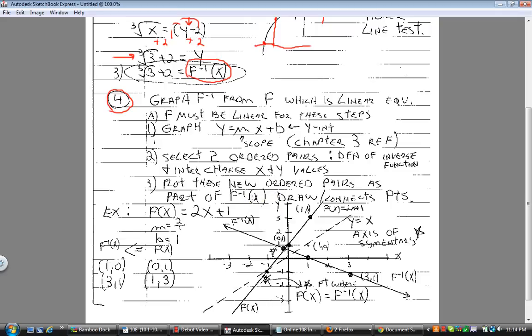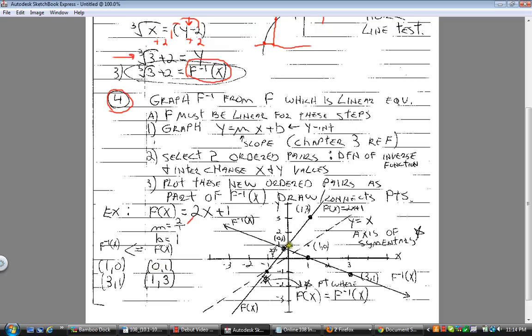Okay, now here's the example we've got going here. f of x equals 2x plus 1. Way back from chapter 3, identify the slope, m, as 2 over 1. I got that from the coefficient in front of the x. Remember, rise over run, so I divided by 1. The y-intercept is plus 1, and that means the ordered pair is going to be 0, 1.